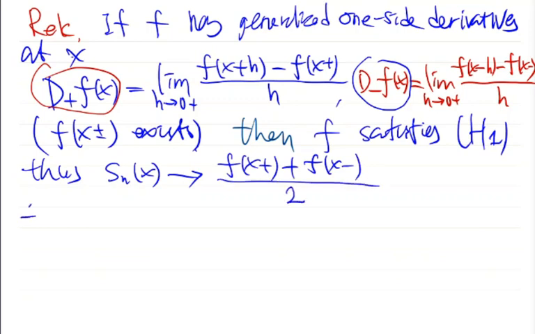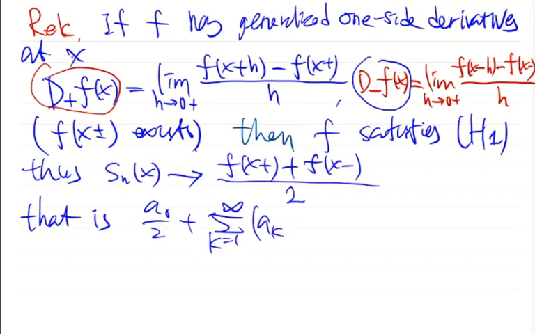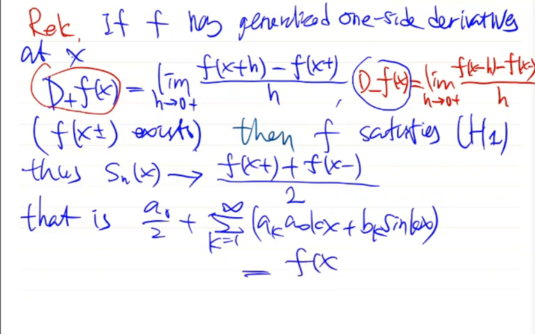That is, a0 over 2 plus the sum from k equals 1 of a_k cosine kx plus b_k sine kx is the mean value of the one-sided limits of f at x. Okay.